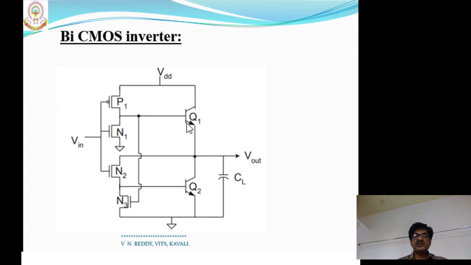Check whether Q1 goes on or not. Since P1 is on, it drives the base of transistor Q1, so it becomes on. At the same time N3 also becomes on.